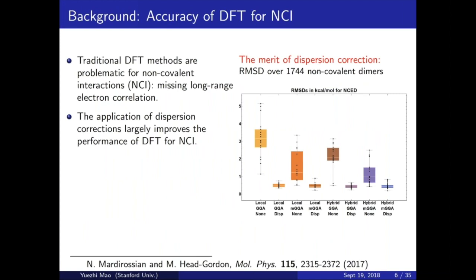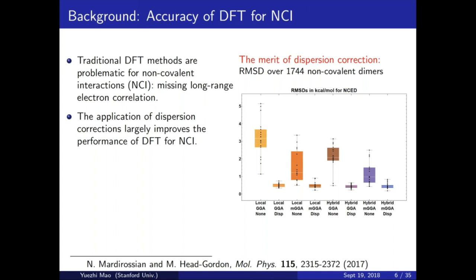One of the most important motivations for developing DFT-based EDA is that the accuracy of DFT for non-covalent interactions has been improved a lot recently. Traditionally, non-covalent interactions were a hard problem for DFT because the exchange correlation functionals cannot describe the long-range electron correlation correctly.